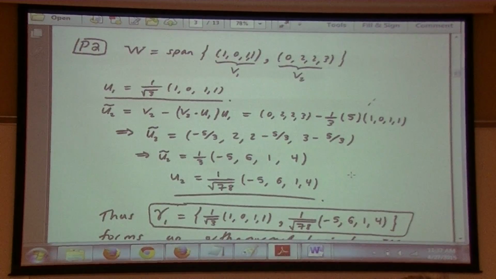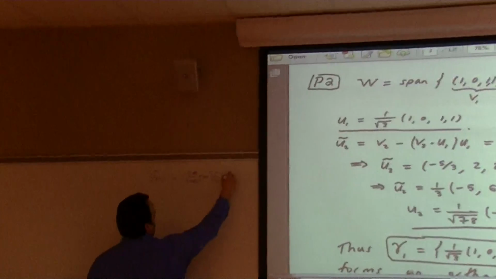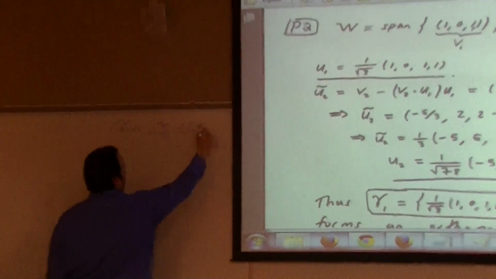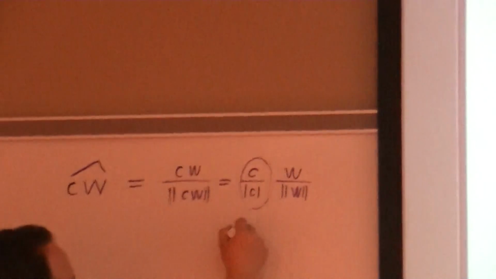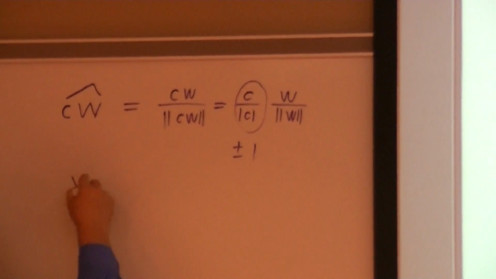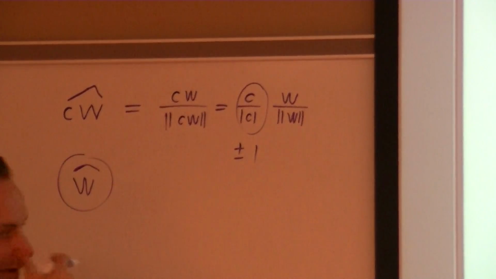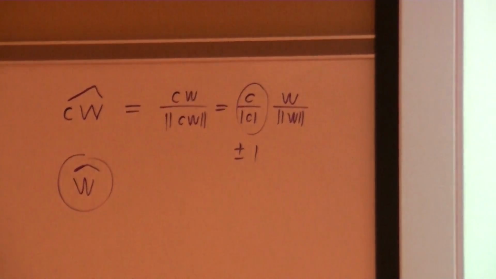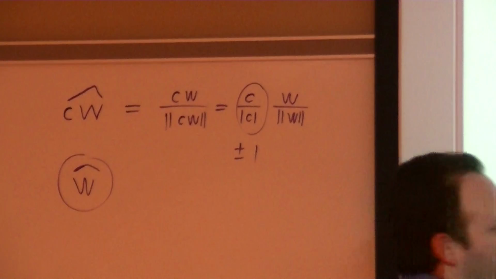But that's c over the absolute value of c, times W over the length of W, by the properties of the norm. So this is just plus or minus 1, and you can ignore it. Just take the W and normalize that. Here, W is the thing without the thirds. So I can just normalize that. That's where the square root of 78 comes from.